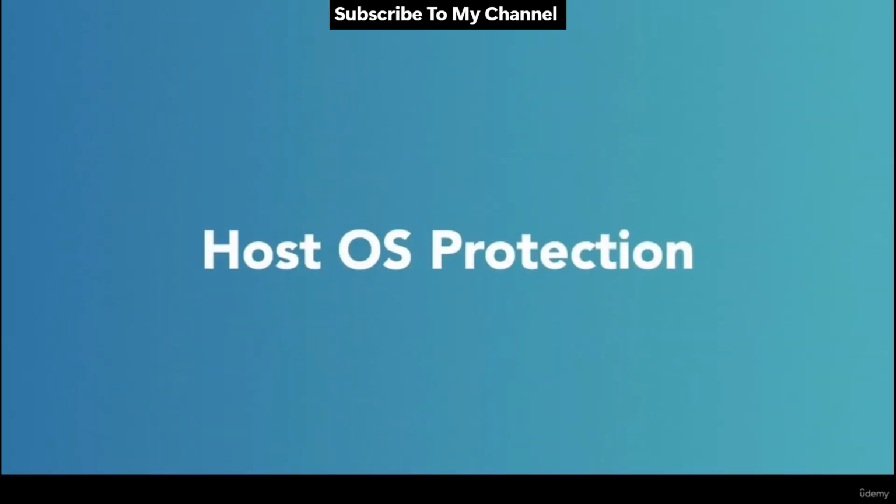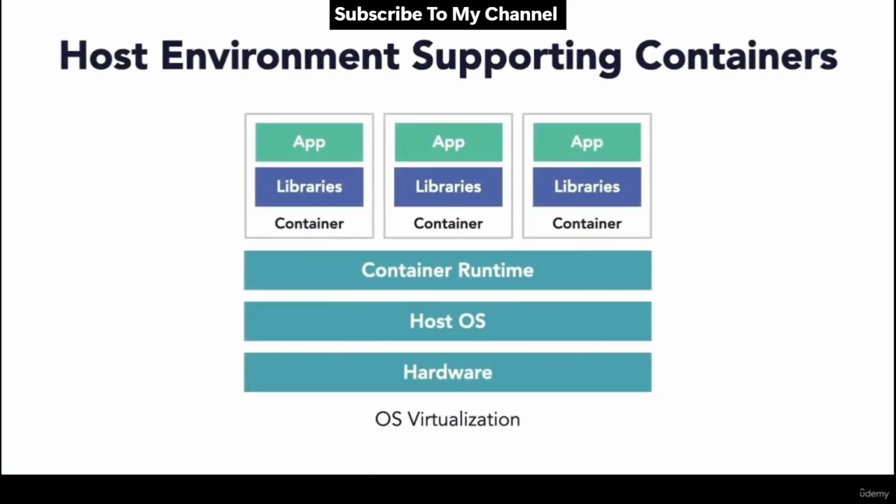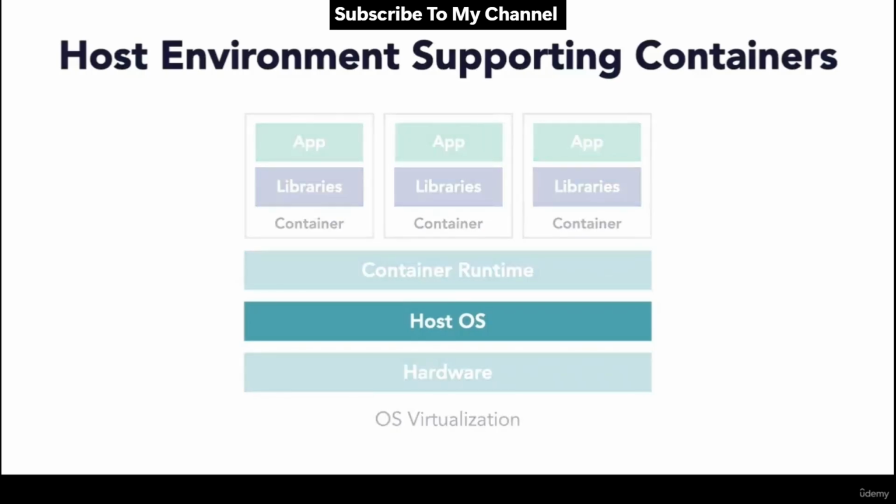Unlike hardware virtualization, in OS virtualization, multiple containers share the same OS. That leads to an expectation of mutual trust between the container and the host OS running that container. So far, we have been discussing container and application security, but the host is equally accountable in the security of this ecosystem.